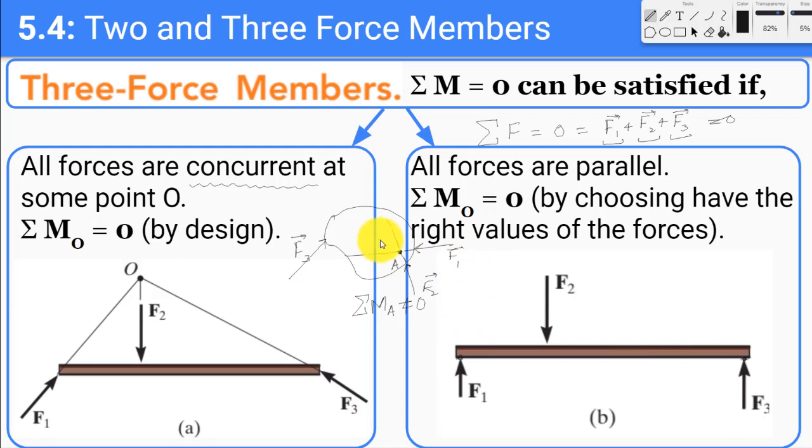I hope the reasoning is clear that for three-force members in a coplanar system, we need to have either one of these two conditions: either all the three forces should be parallel, or they should be concurrent.